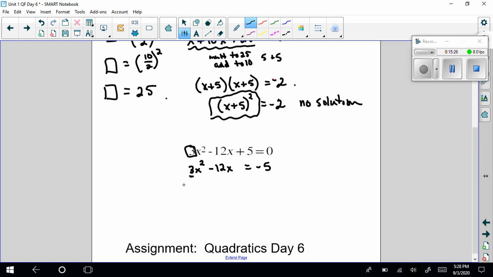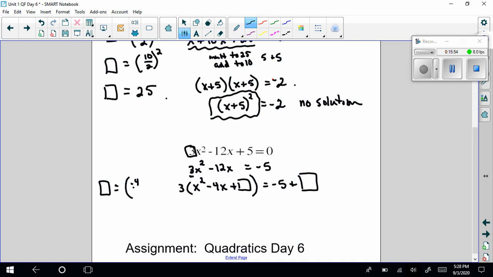So the first thing I have to do is factor that 3 out. So I get x squared minus 4x. And I'm going to go ahead and add my box here because I'm going to have to complete the square on that trinomial. And I have a negative 5 plus a box. All right, so remember your box is equal to half of b, squared.